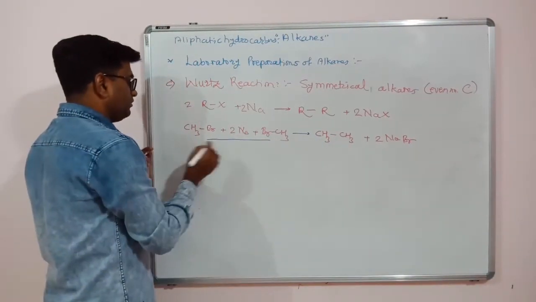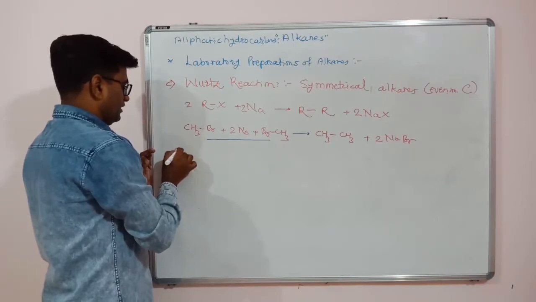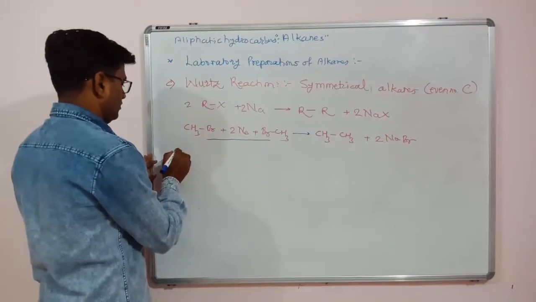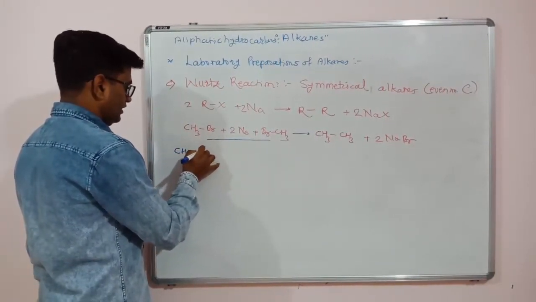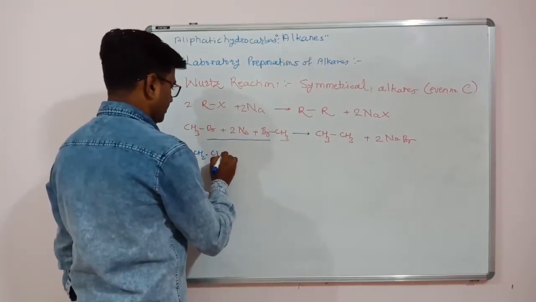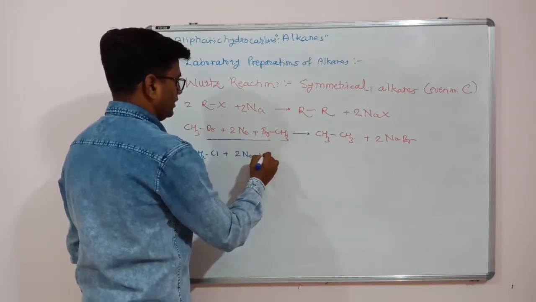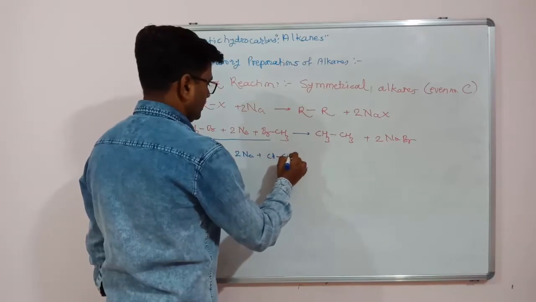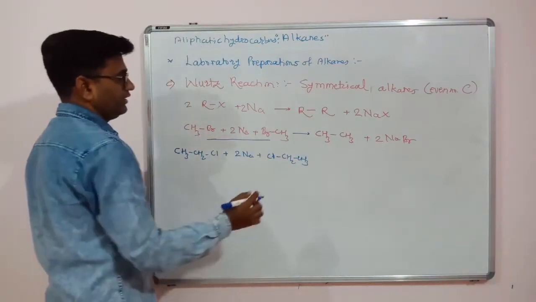Suppose we have ethyl bromide or ethyl chloride, we'll take an example. CH3 CH2 chloride plus sodium plus CH2 CH3. This is also ethyl chloride.